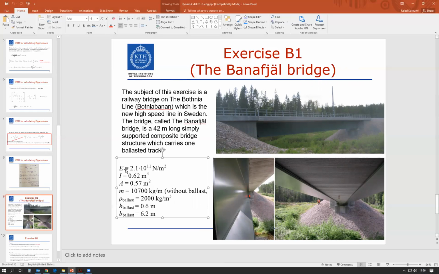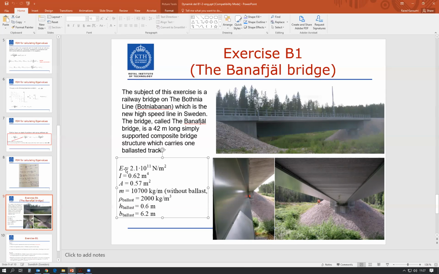And we have been working on this bridge since about 2003, 2004, because when the bridge was built, it was built according to the previous code of practice in Sweden, which says that the dynamic factor for railway bridges should be calculated using a simple formula that I will show you on Wednesday. And at the same time, this bridge is designed for speeds over 250 kilometers per hour.